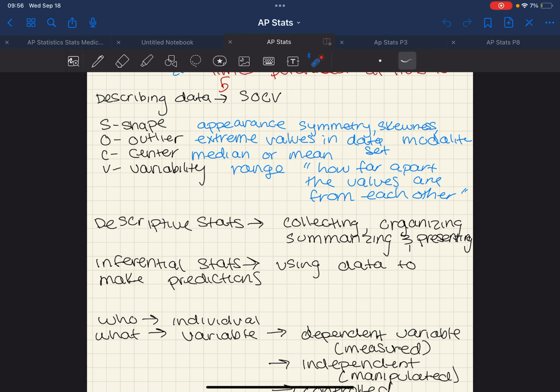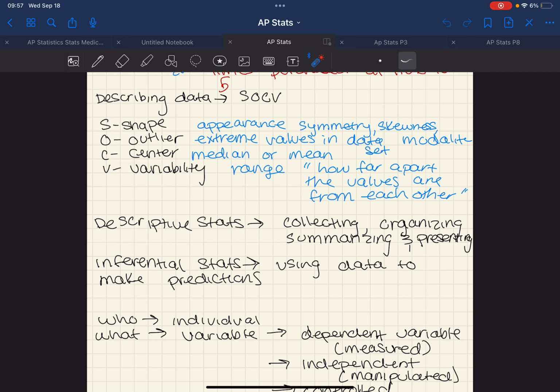So whether that diagram or graph is symmetric or if it's skewed to the left or to the right. Then we describe the outlier. So remember, the outliers are the extreme values, okay? Even if there is not an outlier, you still need to write that sentence. This diagram doesn't show any outliers, okay? Then we have the center.